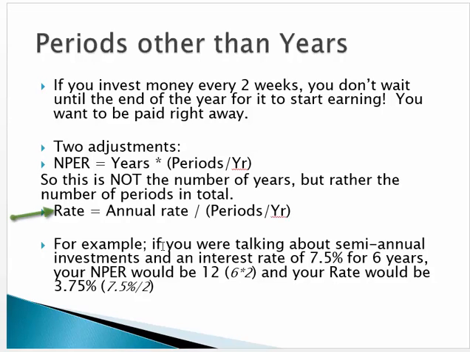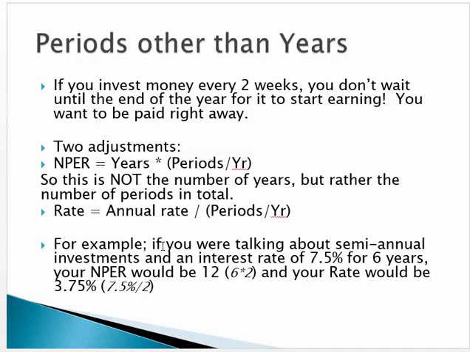We need to adjust another thing. Besides just the number of periods, we also need to adjust the rate to reflect a periodic rate. The rate is not going to be an annual number unless the period is a year long. So the way we adjust the interest rate is to take the annual rate and divide that by the number of periods per year.